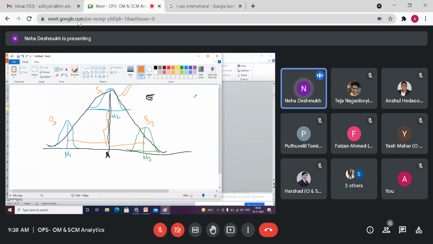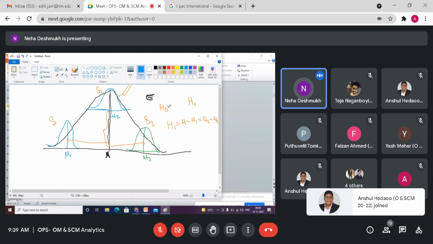This will be our alternate hypothesis, right? Means what will be our alternate hypothesis? There is some difference between the means of population with sample 1, sample 2 and sample 3, right? Now, what will be our null hypothesis?